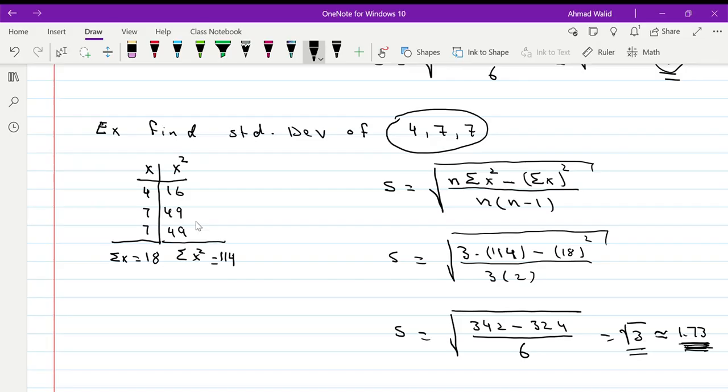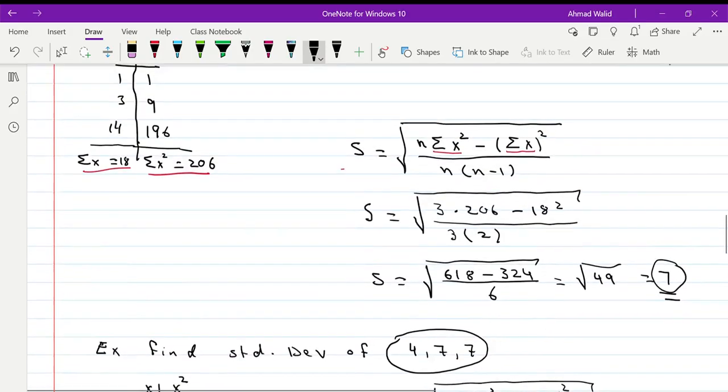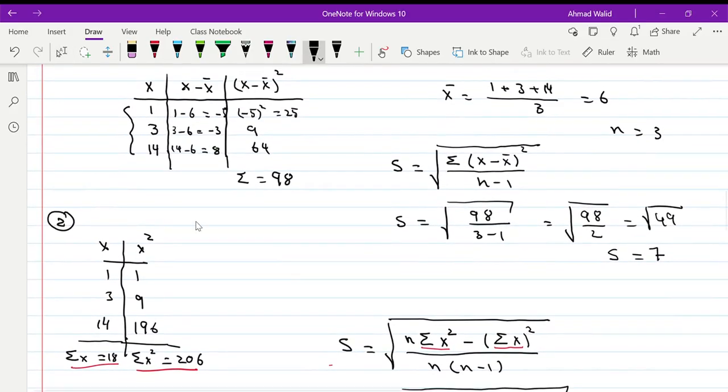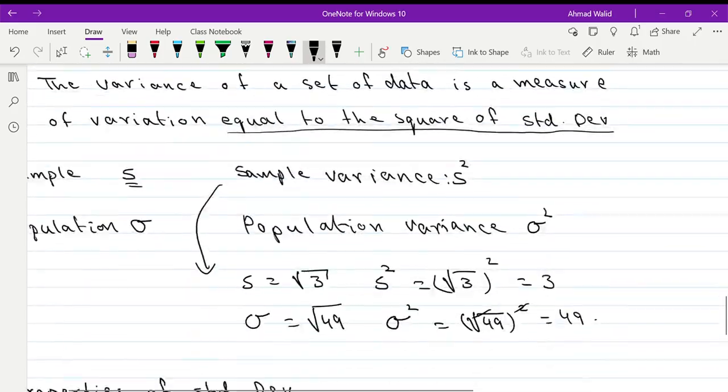It's really small, correct? But if you come to this example, where my data is 1, 3, 14, they are not closely grouped. Where is 1? Where is 14? Where is 3? What happened? Your standard deviation was bigger, 7. Then it's true. The first property is true.